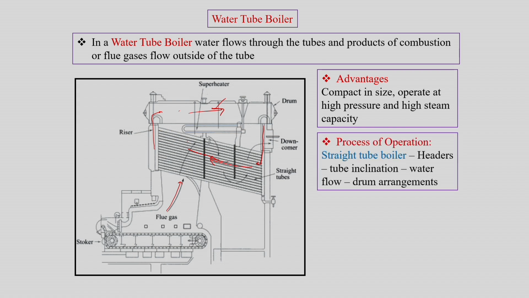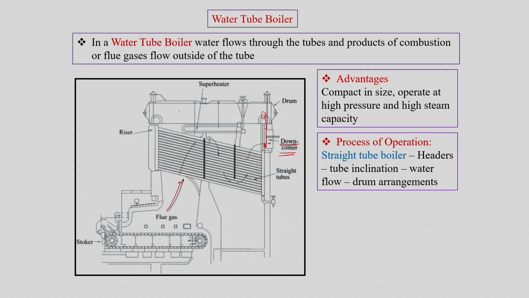As we can see, the operation of this unit is like this, where water which is saturated or hot water will come down from this path, and it is called the downcomer, and this is one header, called the downcomer, from which water will come down. We can see that there are straight tubes which are inclined to assist natural convection, since water has high density.